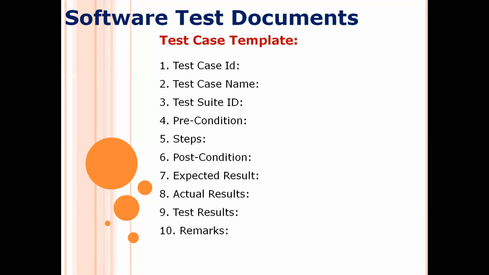Next, test case template. Say, in manual testing, we can prepare test plan, test case, and defect report documents using an Excel sheet by using a company prescribed template, or if your company uses any test management tool like ALM, Application Lifecycle Management, formerly Quality Center, or Jira, etc., you can prepare your test cases in that test management tool.